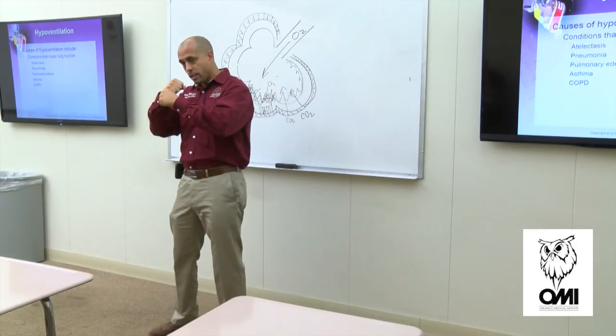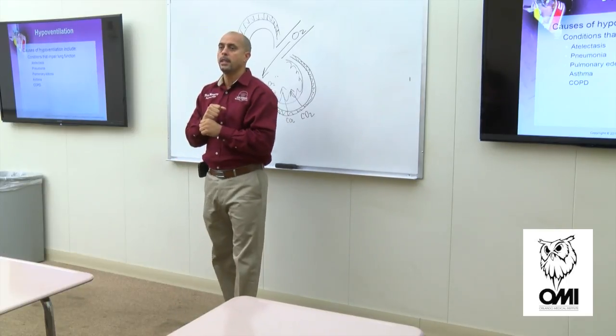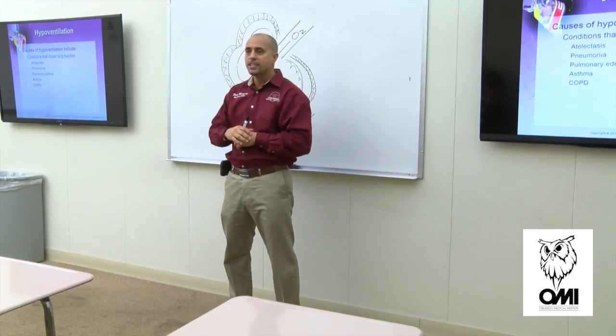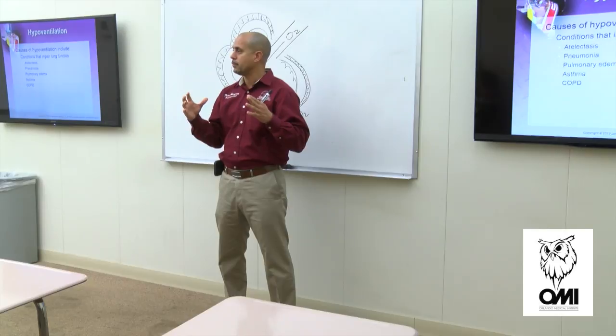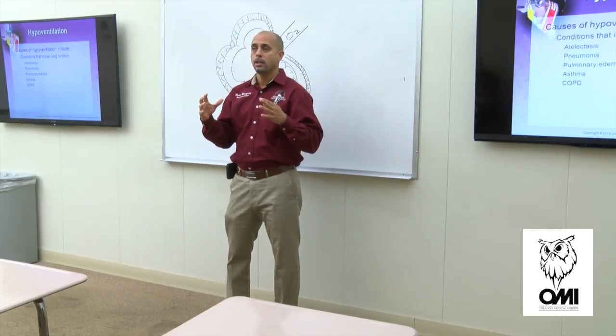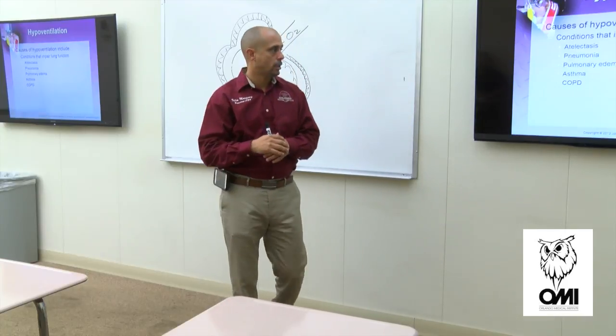If I cause a spasm or restrict the bronchioles, which are already small enough, then yeah, I can't exchange gases. All right, so how do we fix that? We've got to open up that bronchiole or relax the spasm. If we can relax the spasm, O2 and CO2 can go in.